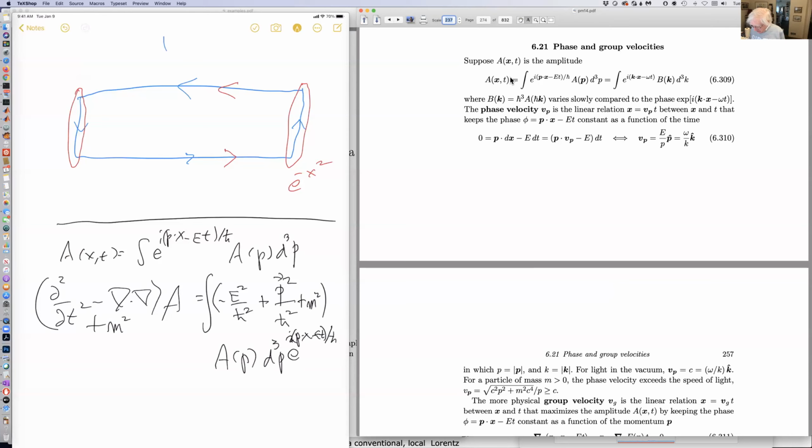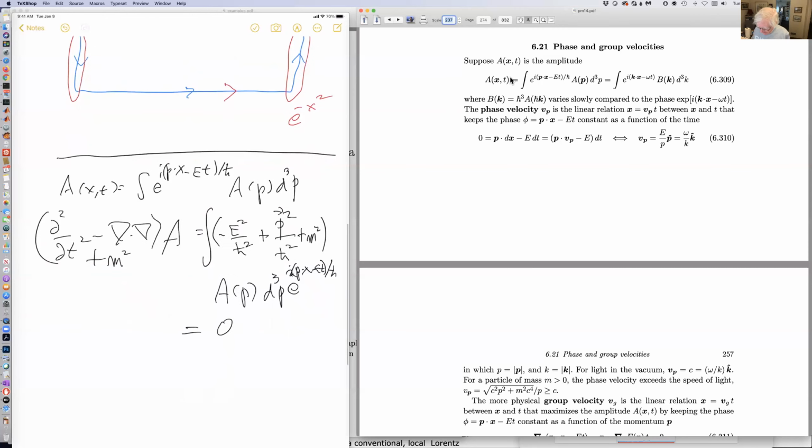And so we get 0 as long as I've got the right units for m squared. I usually work in what are called natural units. In other words, units with h bar and c equal to 1, because then I don't have to write so many h bars and c's and so forth. So you get 0 there if E squared is equal to p squared plus m squared.